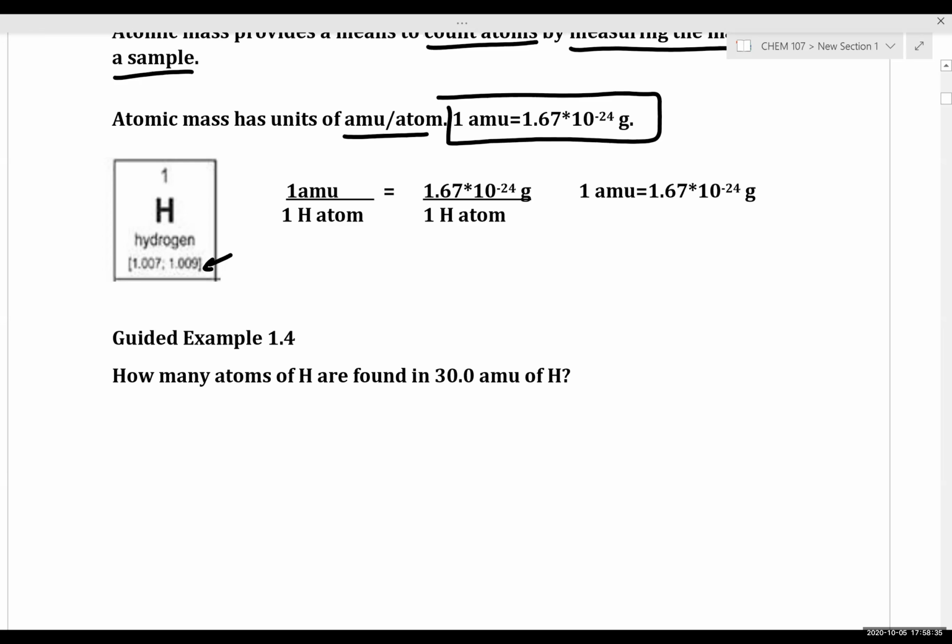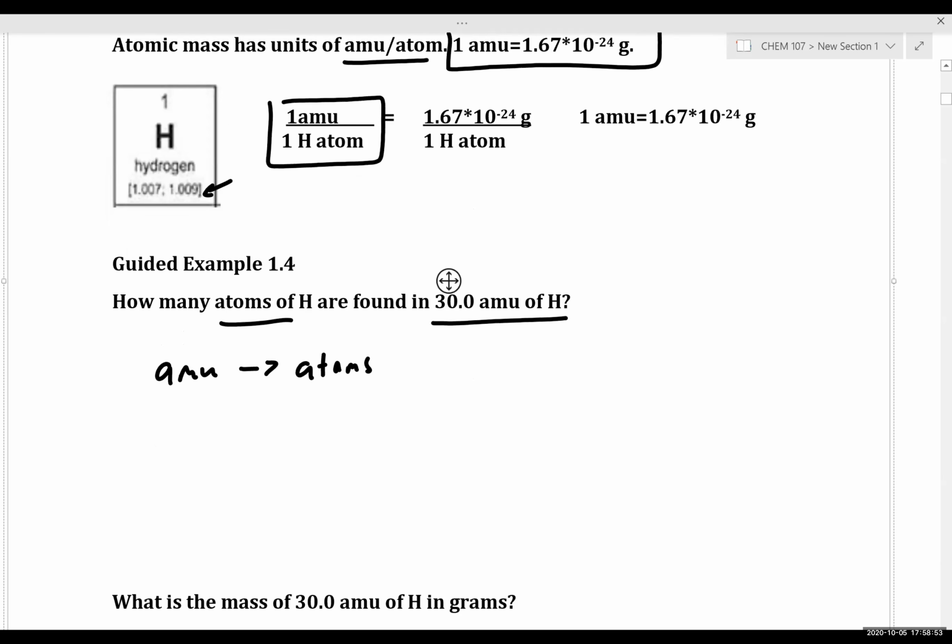So for example, we're asked how many atoms of hydrogen are found in 30 AMUs of hydrogen. Setting up our solution map, we're going from AMUs to atoms. Our conversion factor in this case is going to be our atomic mass.